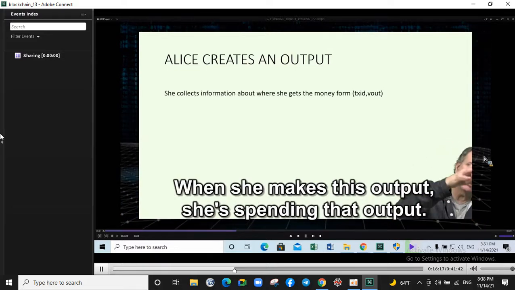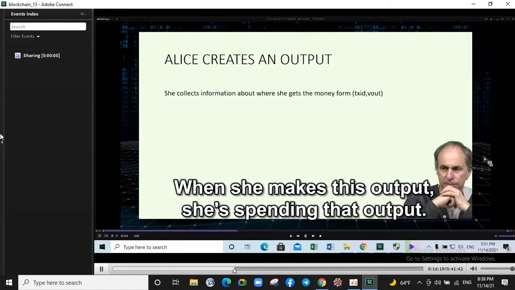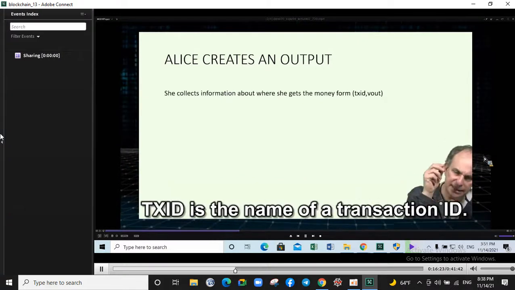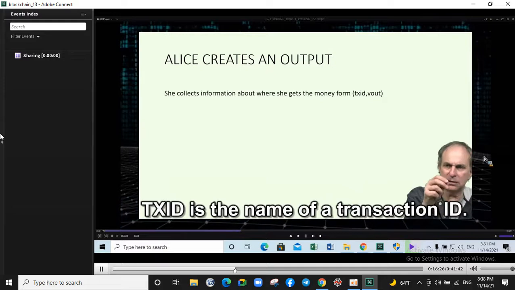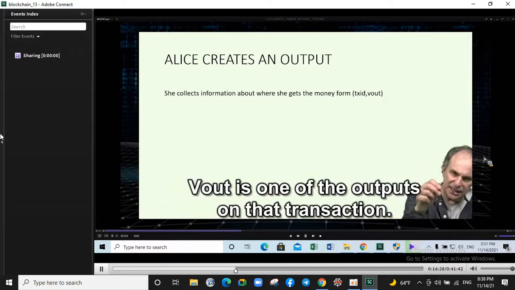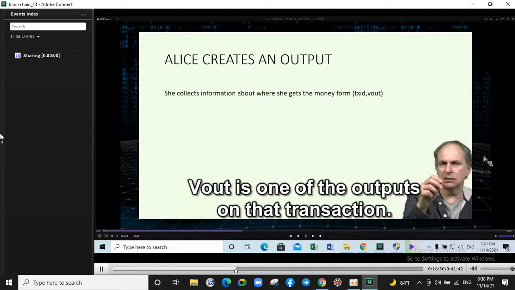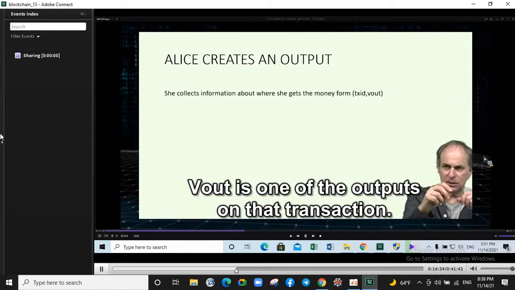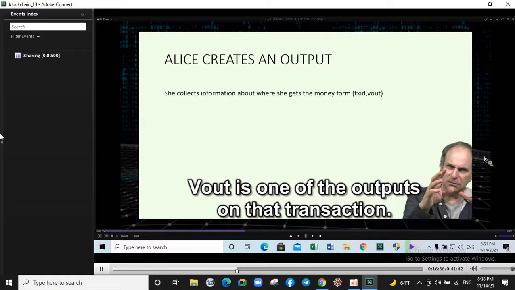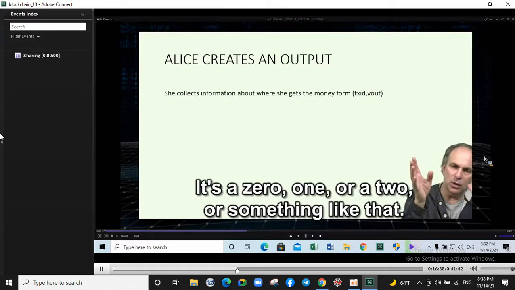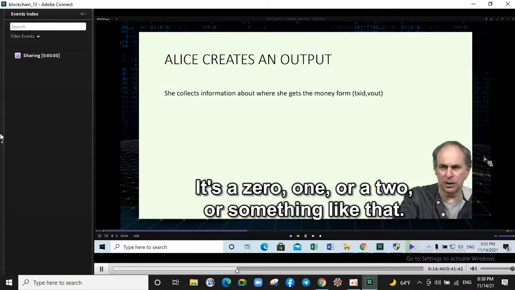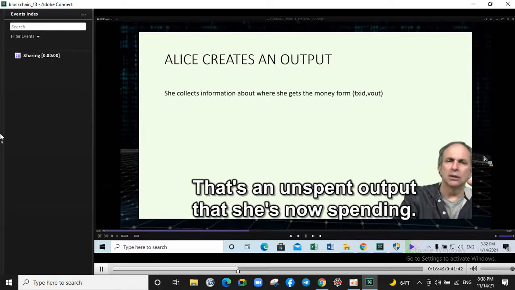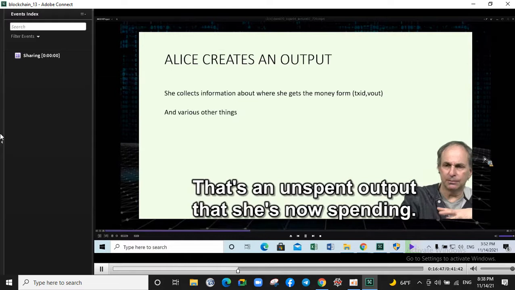TXID is the name of a transaction ID. V out is one of the outputs on that transaction. It's a 0 or 1 or 2 or something like that. Okay. So that's an unspent output that she's now spending.